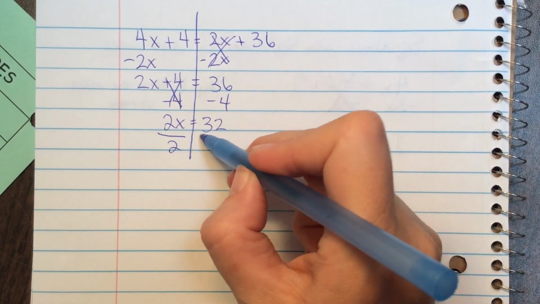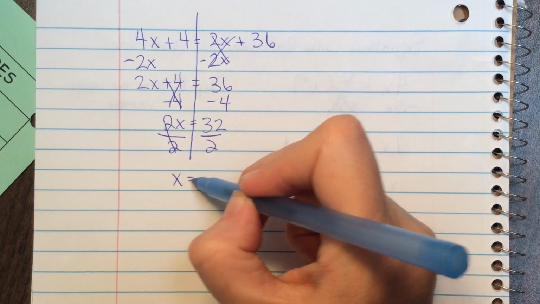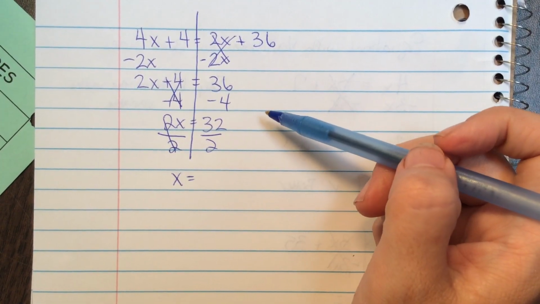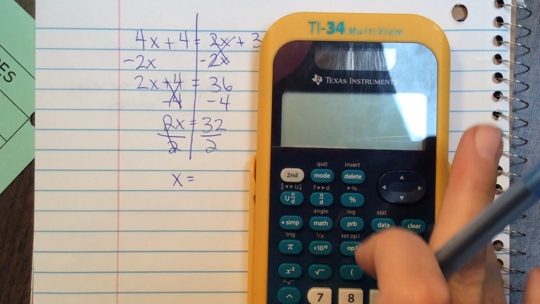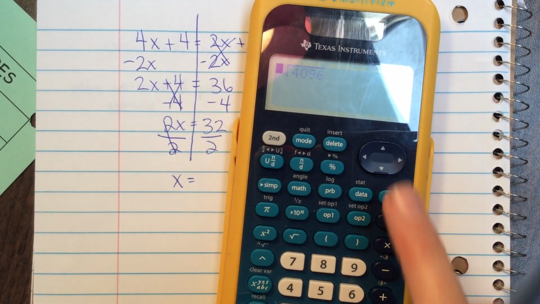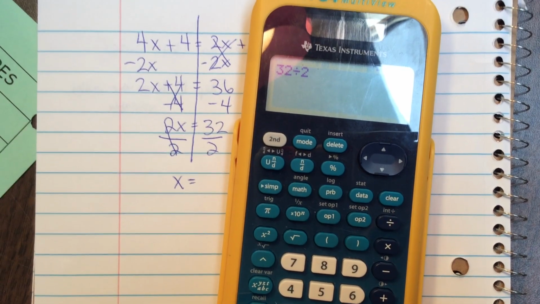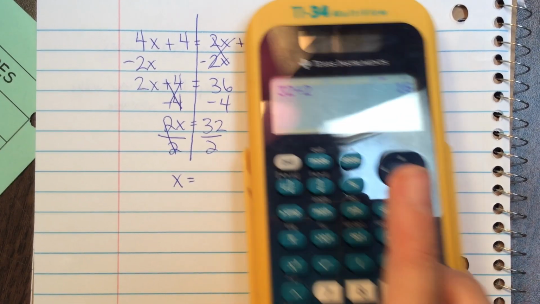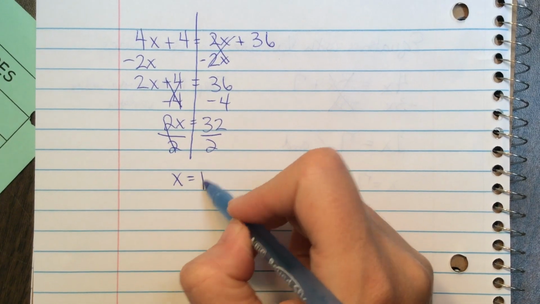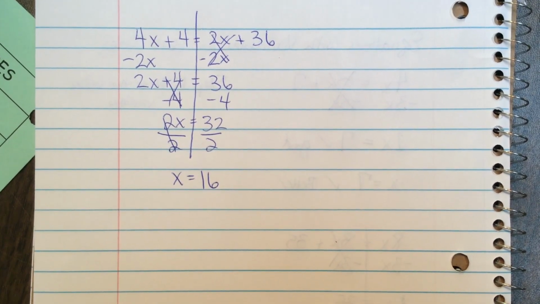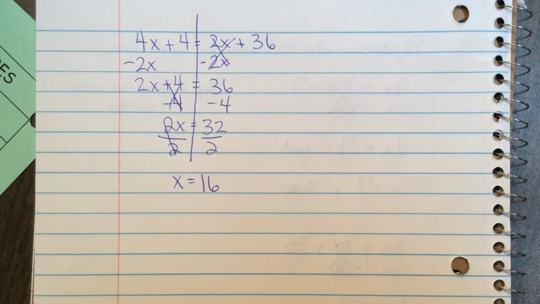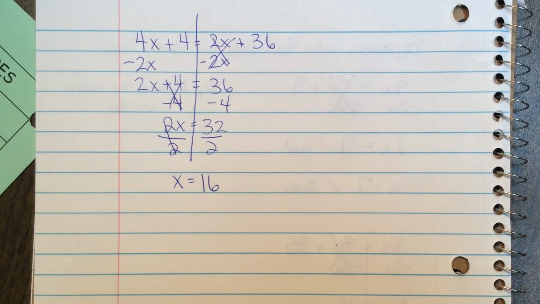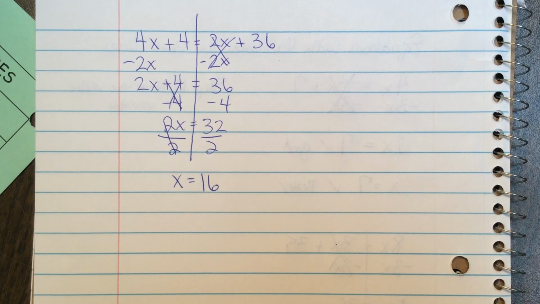And then we divide by 2. 32 divided by 2. You can use your calculator if you need to. There's no shame in that. We're going to get 16. Always check yourself, especially if you're not sure. There's no reason to get wrong answers. You have all the tools at your fingertips.